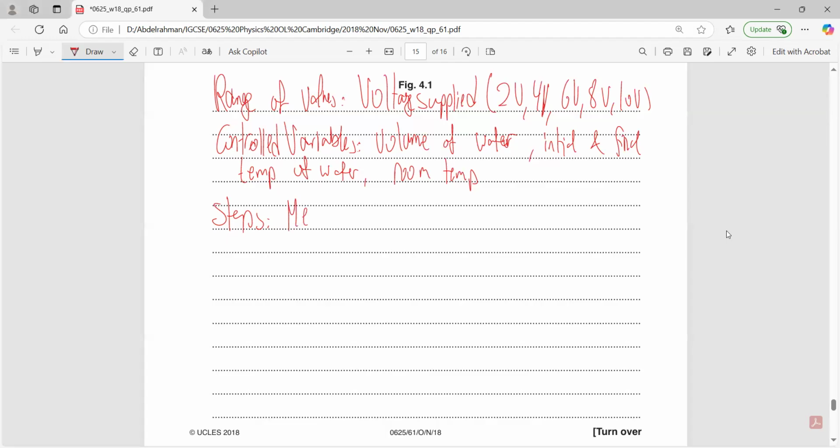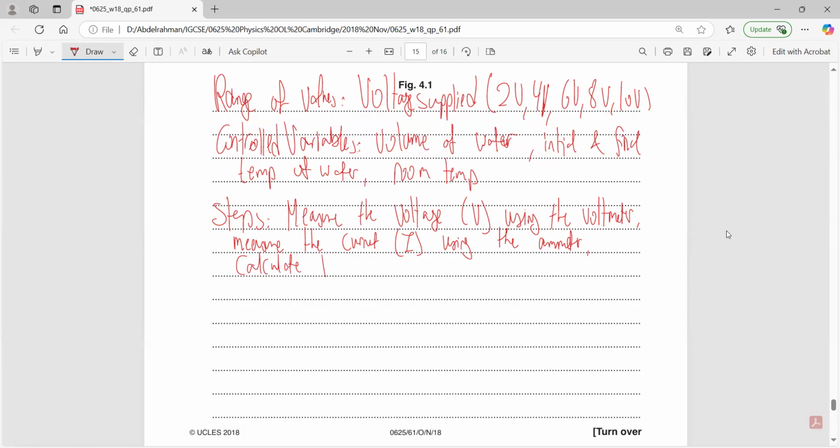First of all, measure the voltage or the potential difference V using the voltmeter, and measure the current I using the ammeter, and then calculate the power using the equation P equals VI.